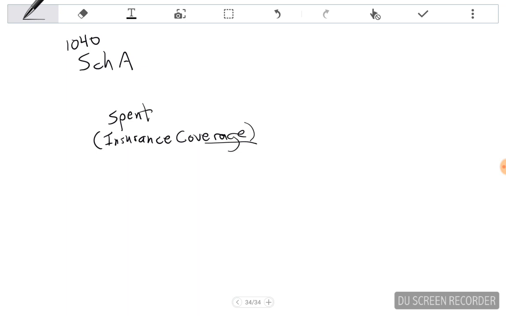And then after that, you have this floor, 10% of adjusted gross income.